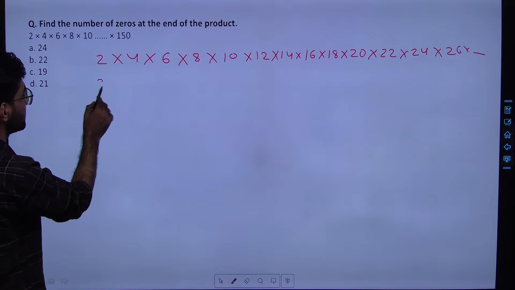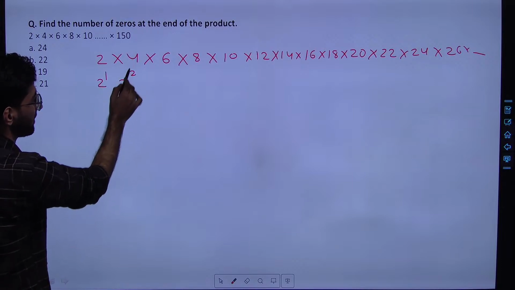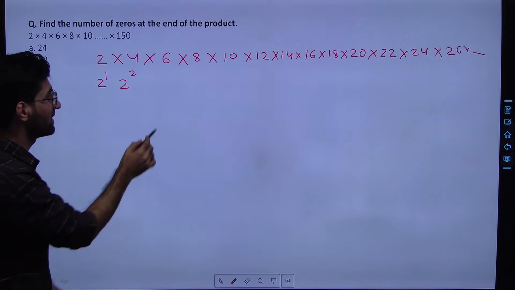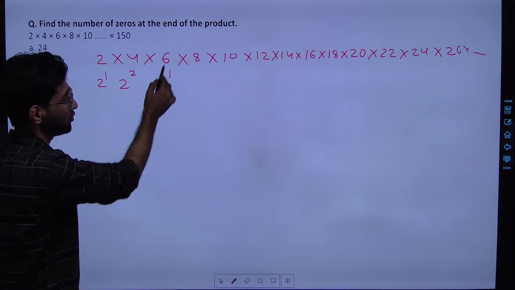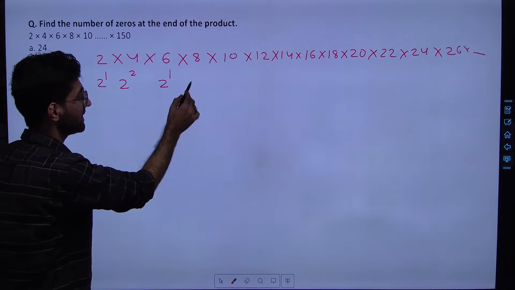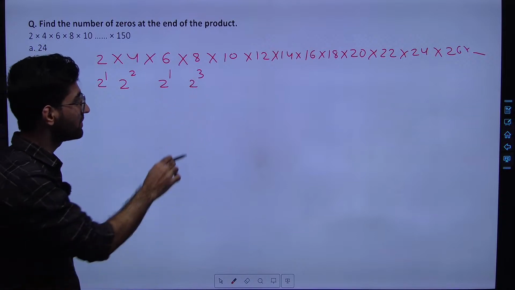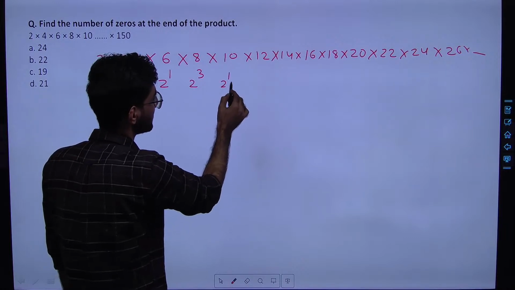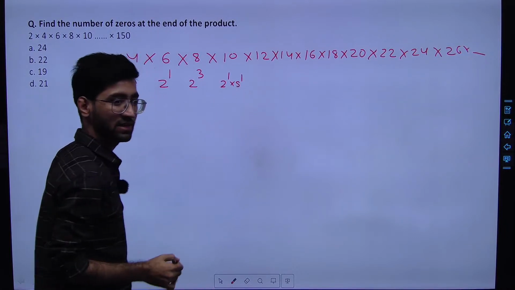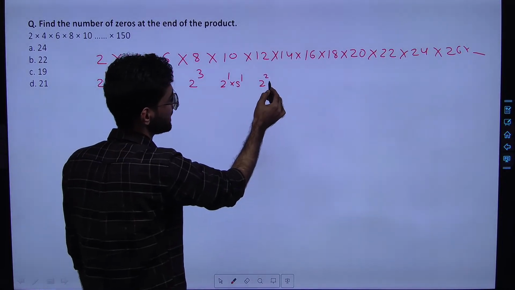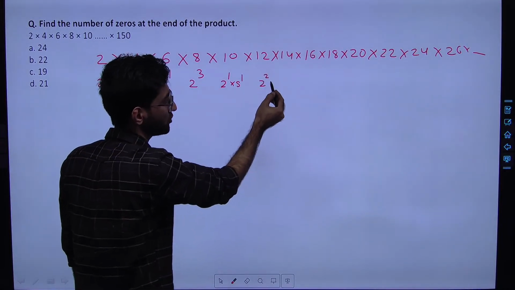Again, you can notice there is 2 present in this number, and again in this number, and again in this number, 2 to the power 2 into 3.